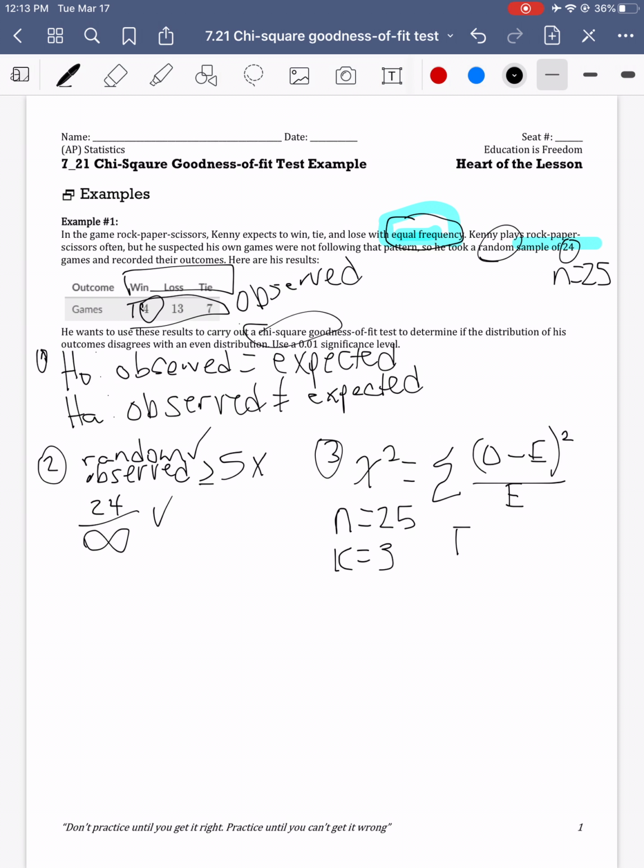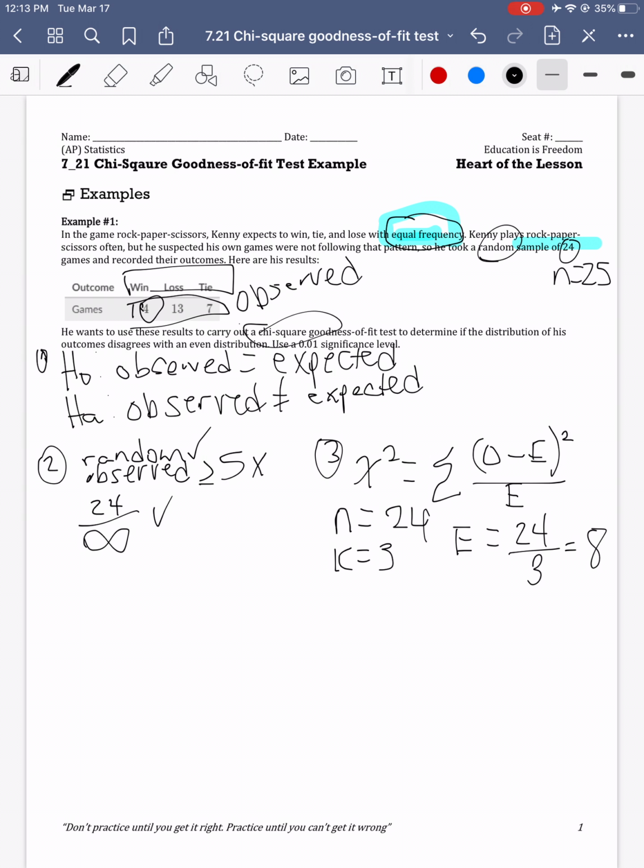To find the expected value, we're going to take 24, excuse me, 24 was our n value, and divide it by 3. So 24 over 3 gives us an expected value of 8. So we would expect to win, lose, and tie 8 times each.